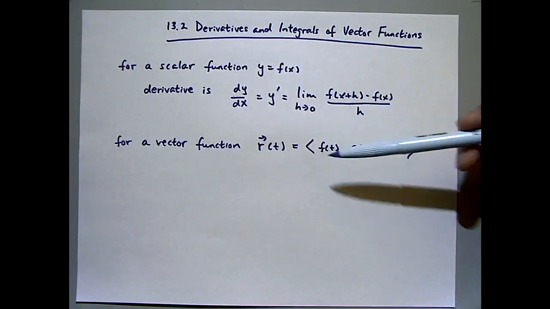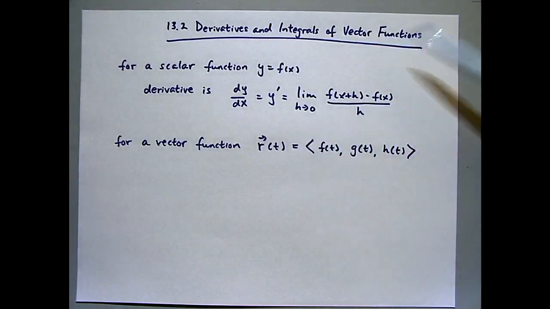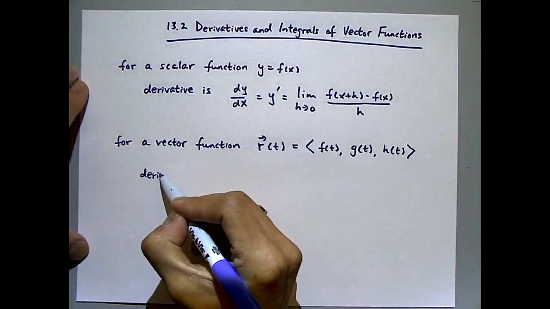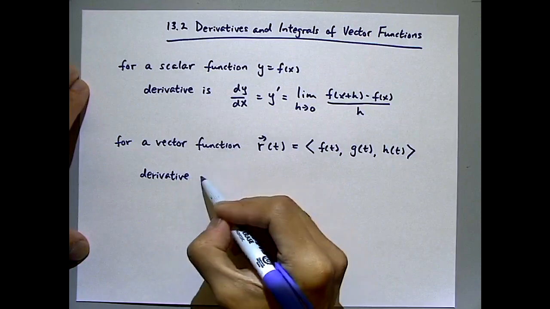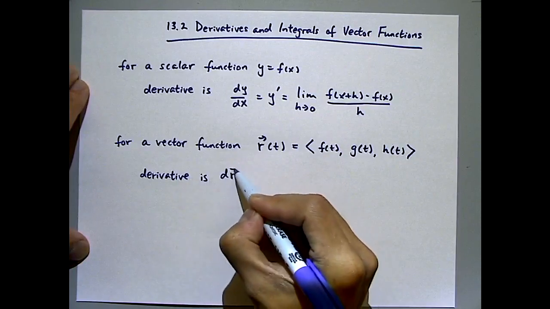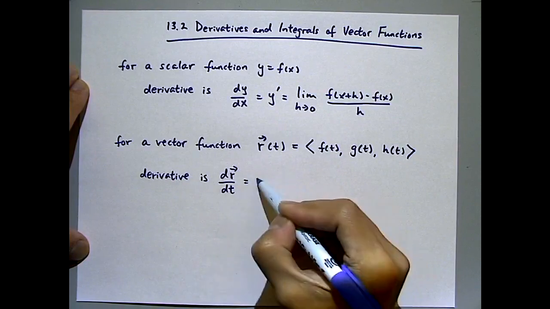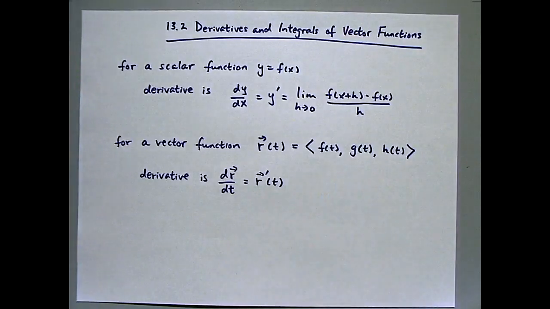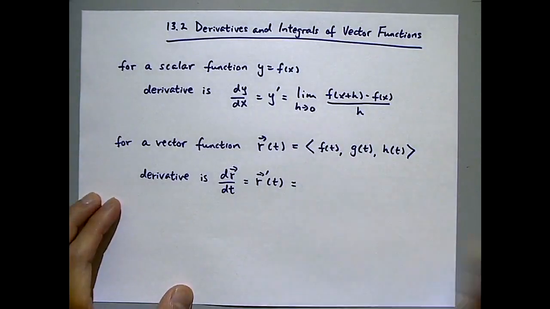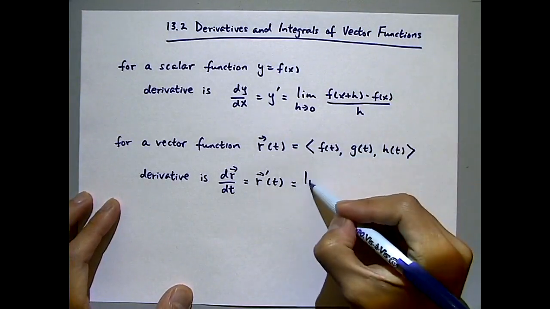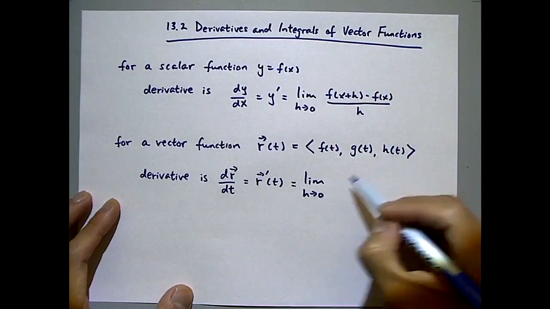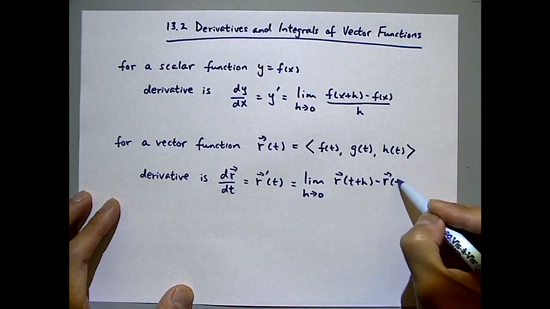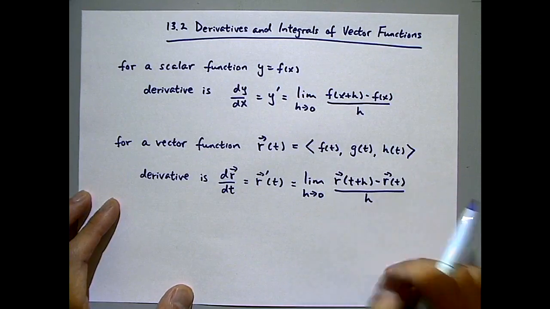The definition of the derivative of r of t follows exactly the same line. The derivative dr dt, or r prime of t, is a vector now, and it is still the limit as h goes to 0 of r of t plus h minus r of t over h.